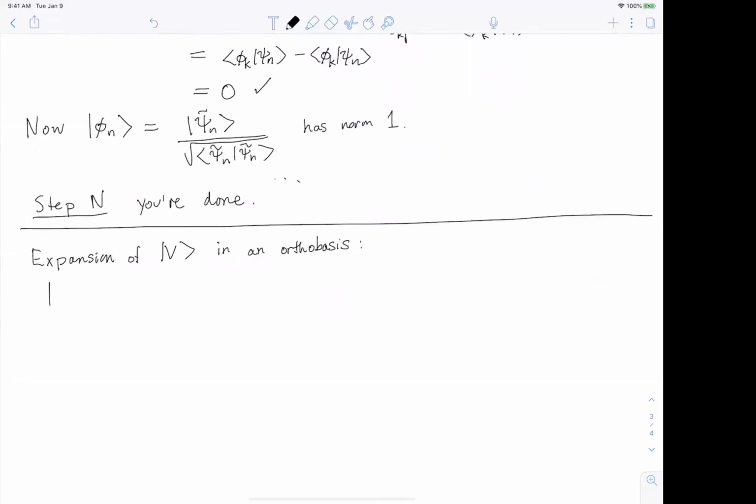Okay, so if I write my vector v as a sum over components in my orthobasis, I can ask, what are the components? And fortunately, there's a very nice way of answering that question.